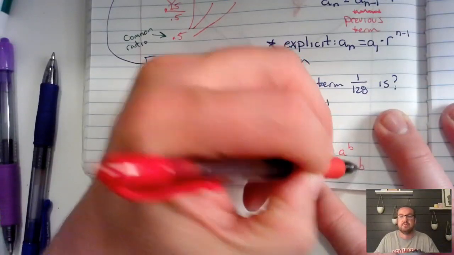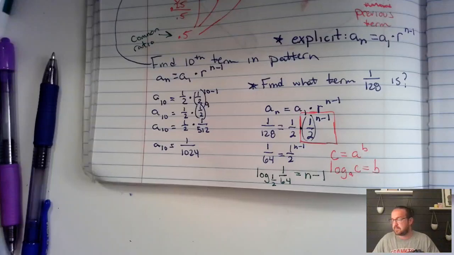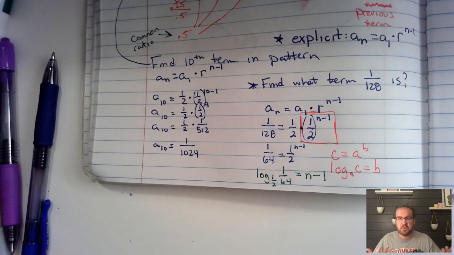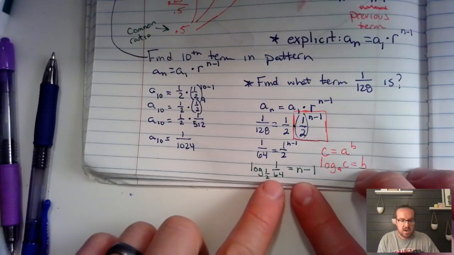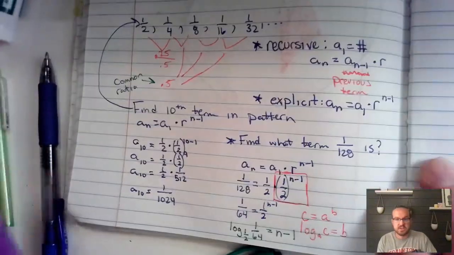That's all I'm doing. You could use the calculator for this. It looks like I'm running out of room. Let's see what I can do to squeeze it in here.